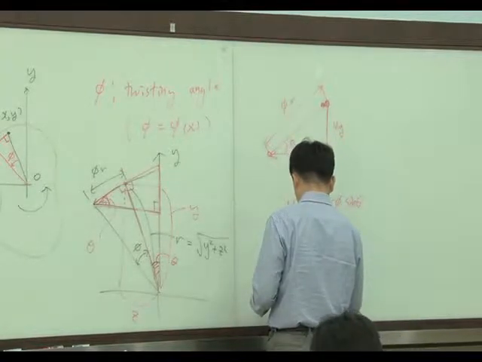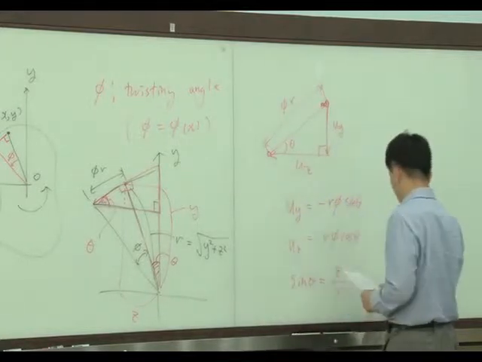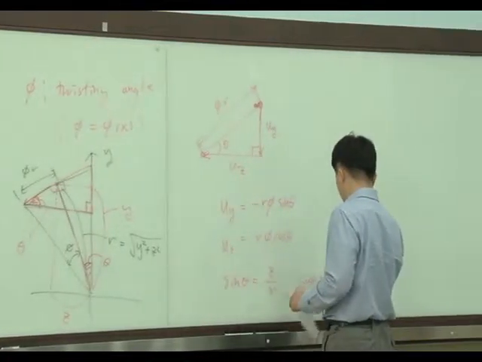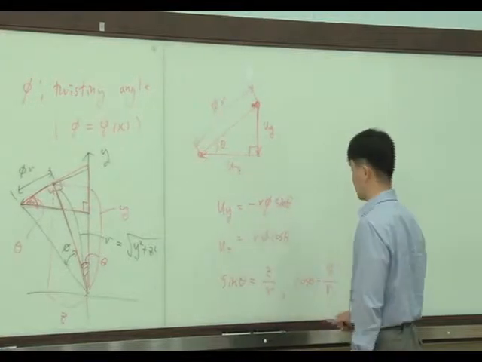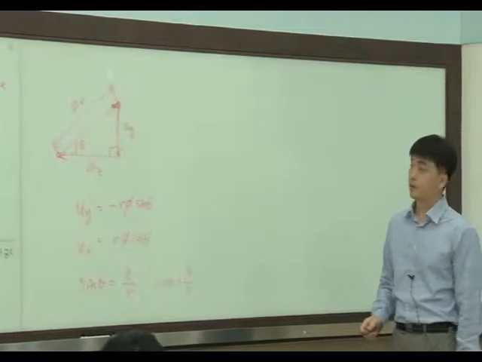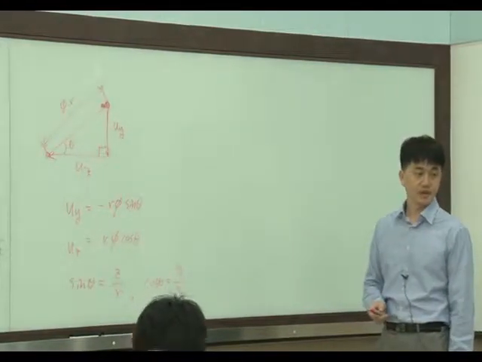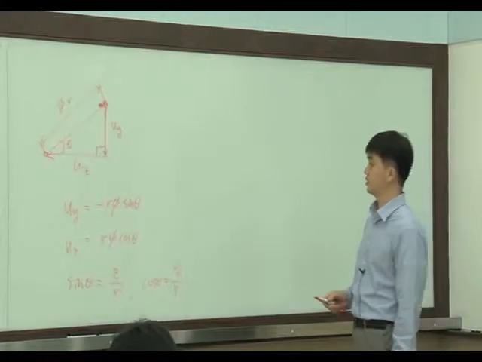So sine theta equals z over r, cosine theta equals y over r. I drew a lot of lines.